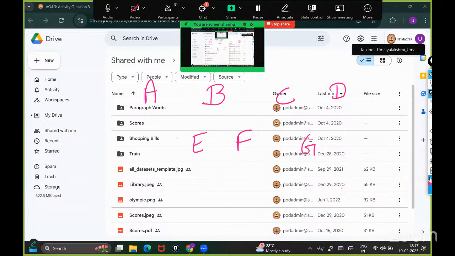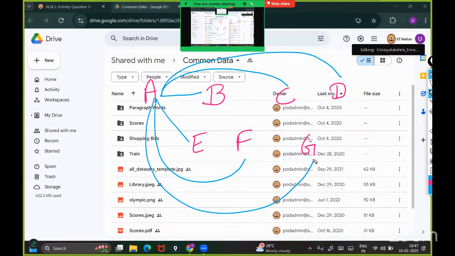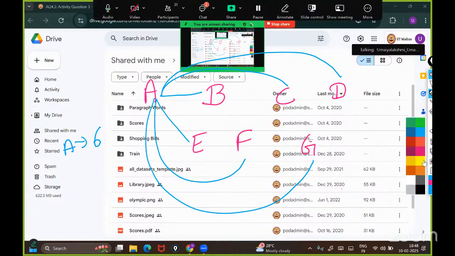So first let me draw the A's. A mapped with B, A with C, A with D, A with E, A with F, and A with G. So for A, I have mapped with 6, right? Clear, ma'am. Yes.